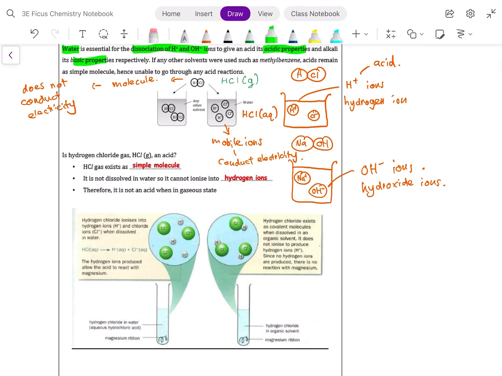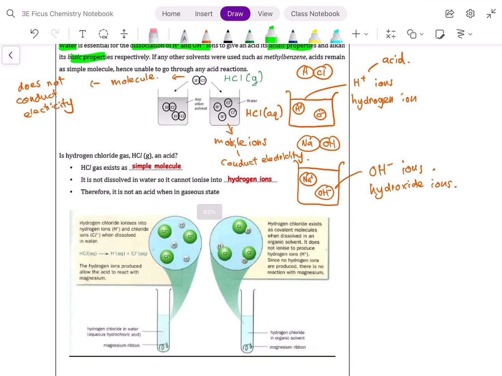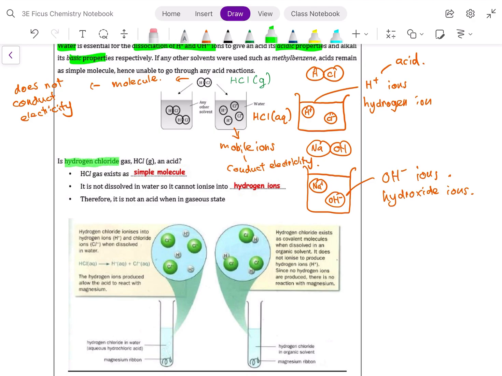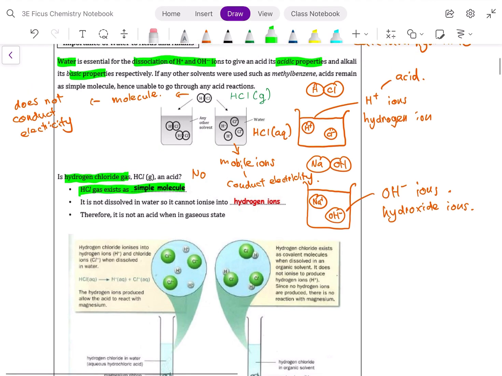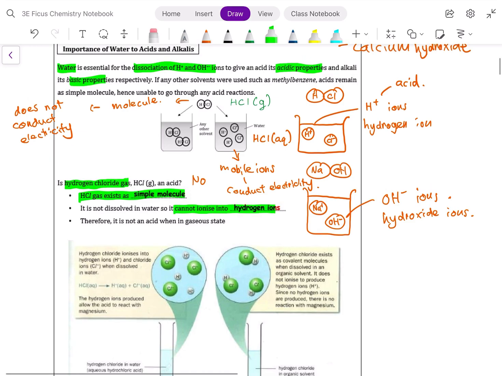This is just a touch up on what I mentioned earlier: is hydrogen chloride gas an acid? The answer is no. Because hydrogen chloride gas, as you can see in this diagram, exists as a simple molecule. When it does not dissolve inside water, it cannot ionize into hydrogen ions.